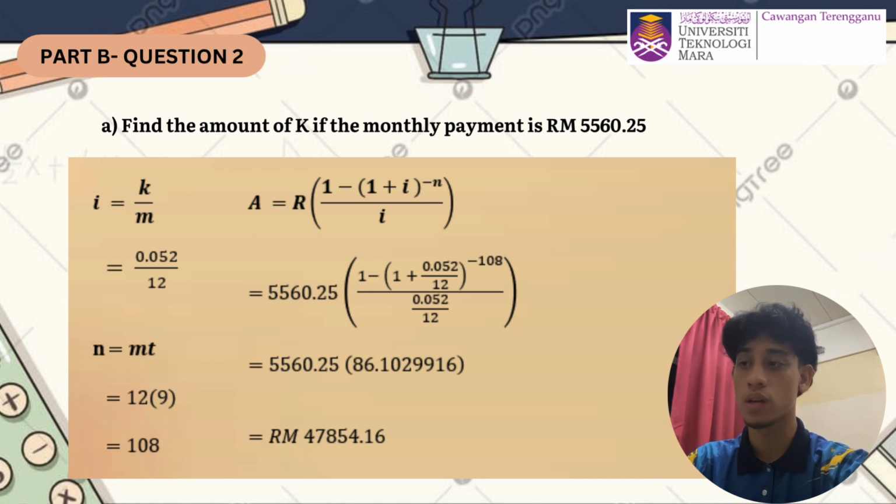We have to calculate the amount in the bracket first, so we get the answer of 86.10299916. After that, we multiply R with the number in the bracket, so 5,560 ringgit and 25 cents times 86.1029916, and the total amount of A is 47,854 ringgit and 60 cents.